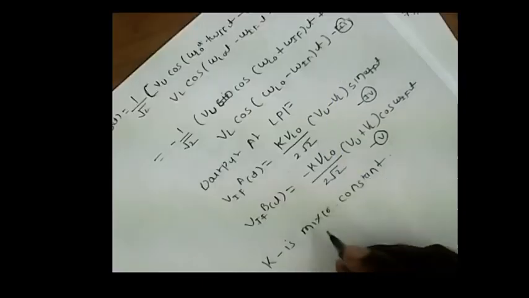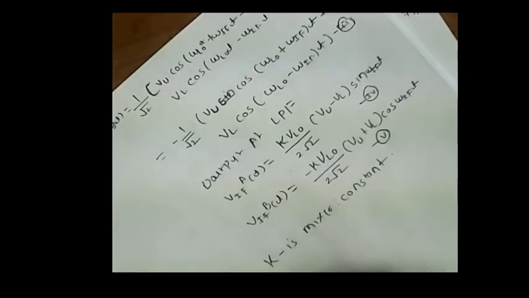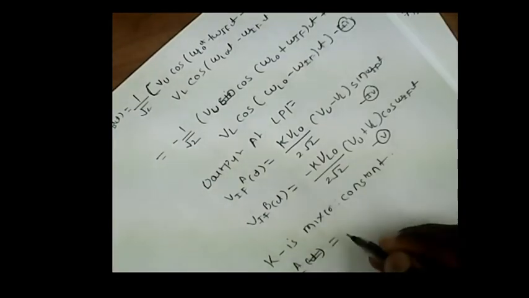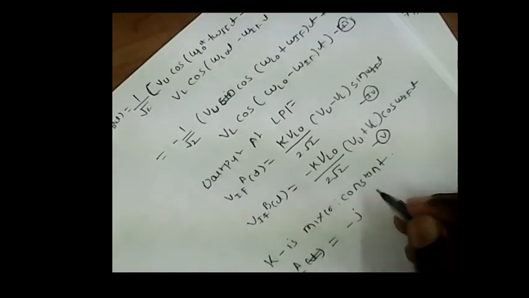Now the phasor diagram. So the phasor VIF A of t in the phasor diagram means in complex conjugate K VLO divided by root 2 into 2 VU minus VL. This is equation number 6.